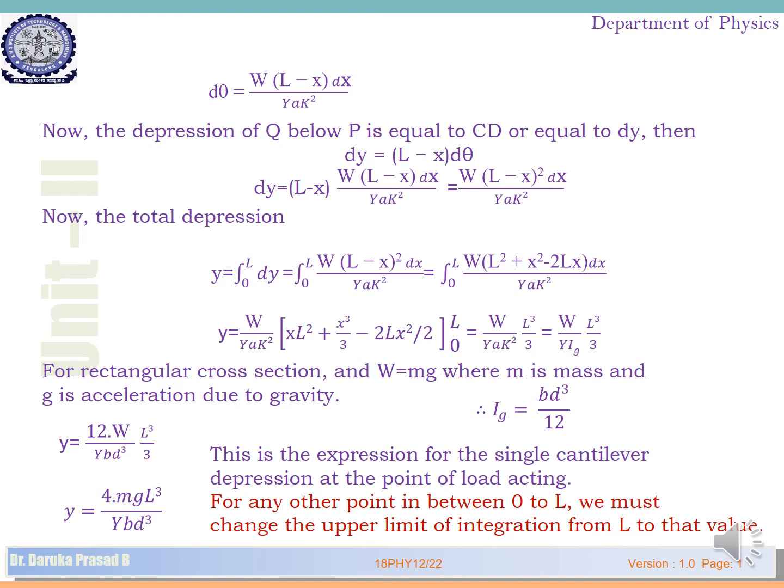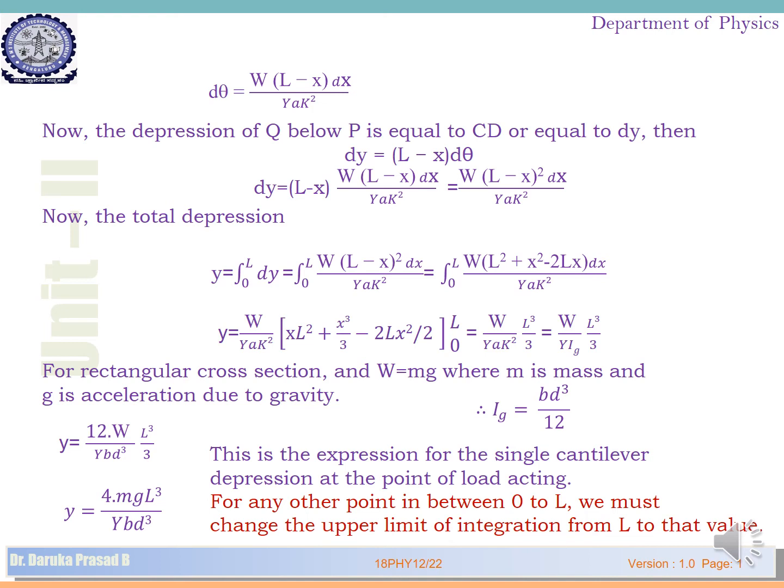Then the expression for y changes to 4mgl cubed by Ybd cubed. This is the expression used in the lab also for determining the Young's modulus of a single cantilever, where small y is the depression and capital Y on the right side is the Young's modulus.